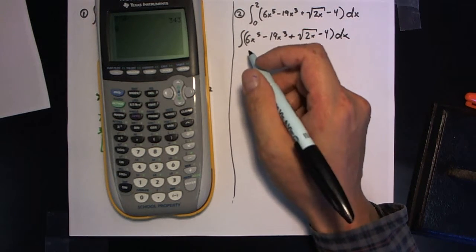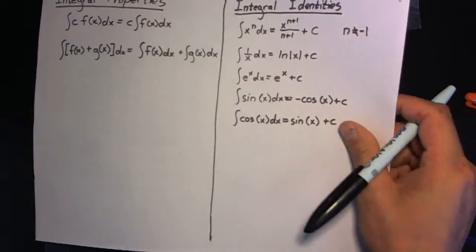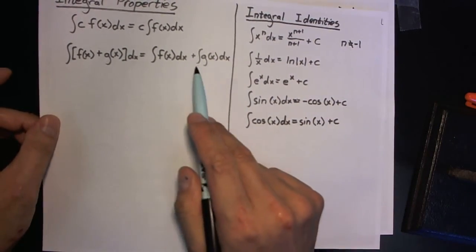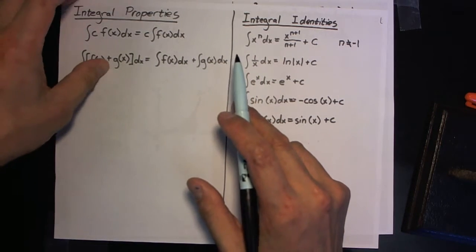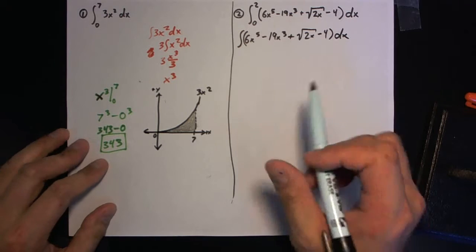So the addition and subtraction property says we can distribute the integral across these various functions.